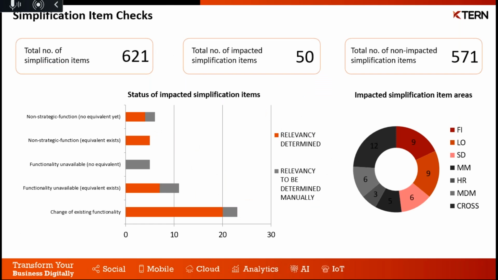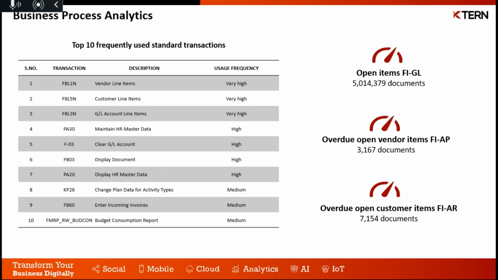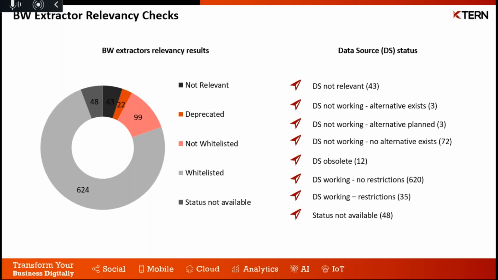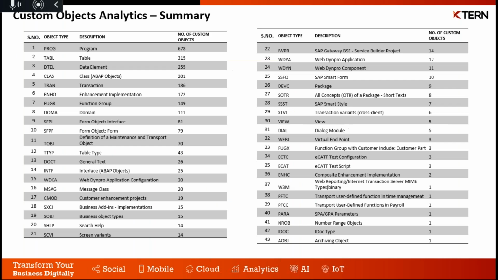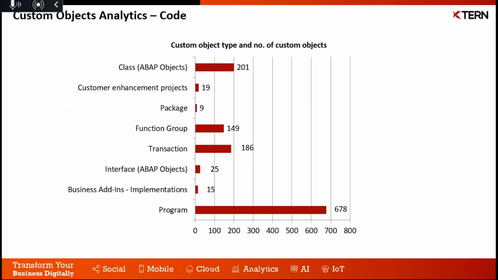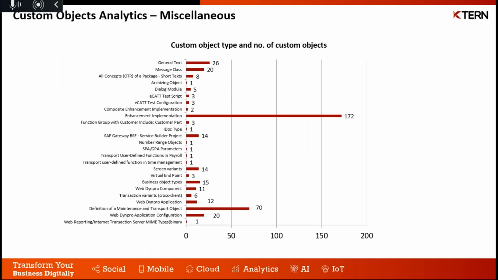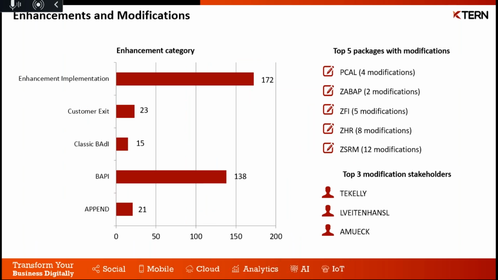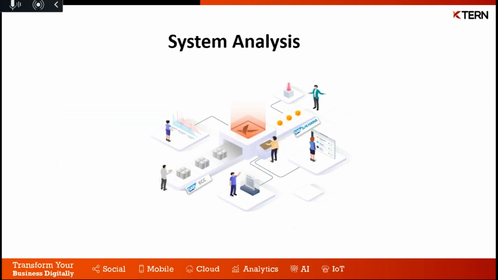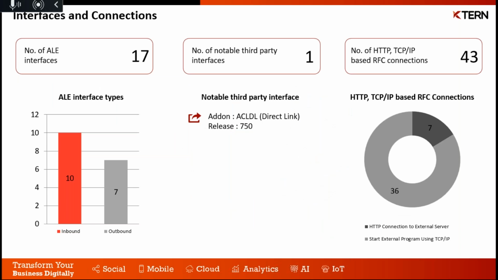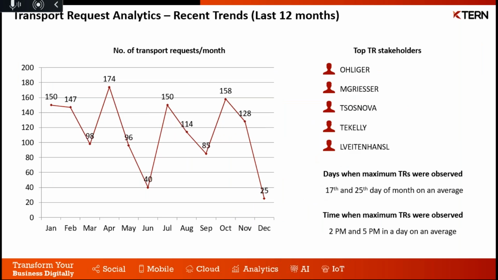An overview of the simplification item list, the business process analytics, the relevancy, which we saw in the application, the custom object analytics based on the forms, code, dictionary objects, and miscellaneous objects as well, the enhancements and modifications reports, who should be my top stakeholders, the add-on analytics, the business function analytics, and the interfaces and the connections which should be reviewed before moving to S4. The TR report analytics as well.